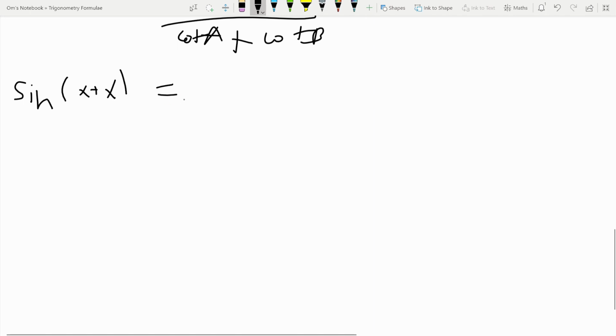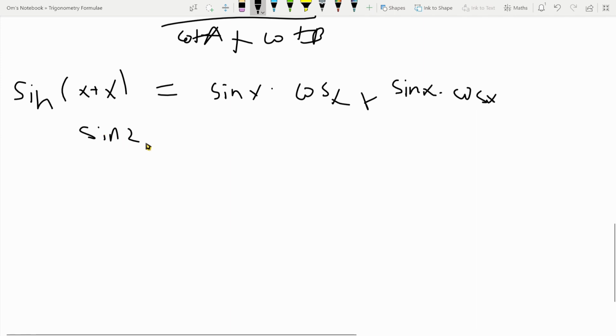That turns out to be, since sin a cos b plus cos a sin b, sin x into cos x plus sin x into cos x. So it turns out sin 2x is equal to 2 sin x cos x, and this again is a very important identity which will be used almost everywhere. It's even useful while integrating functions.